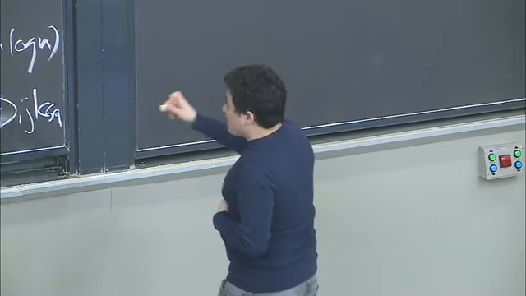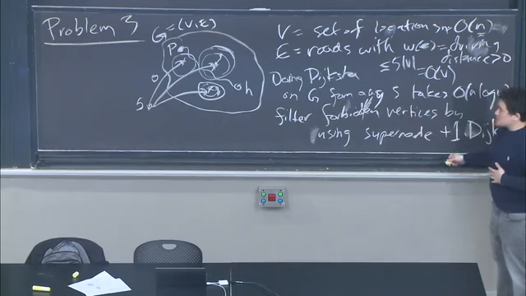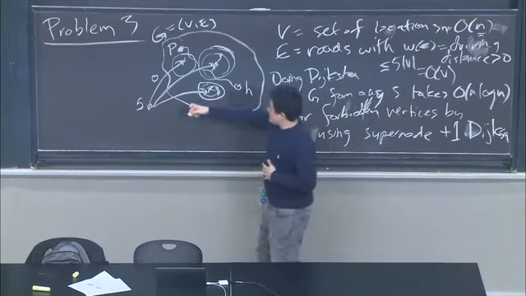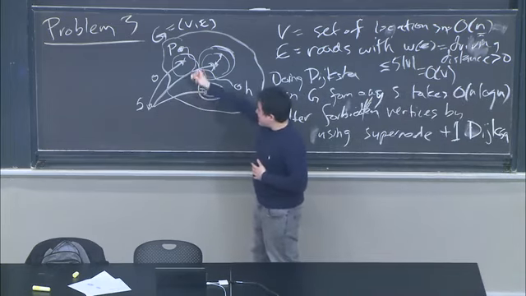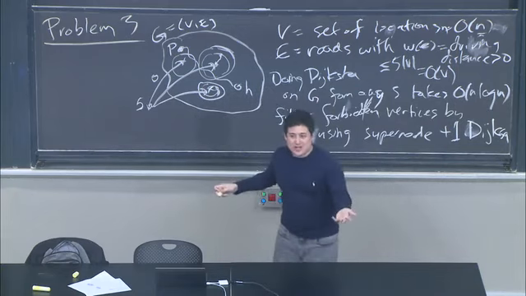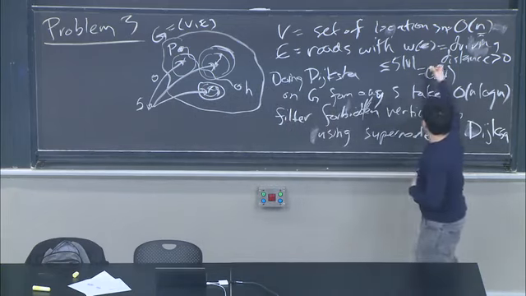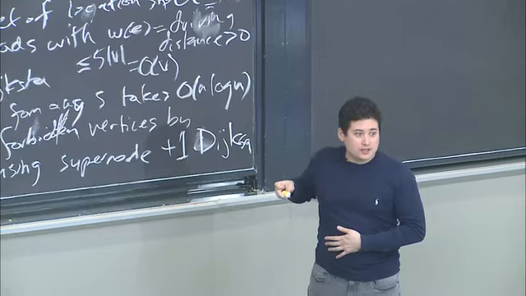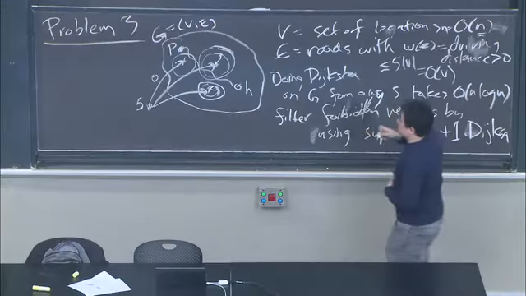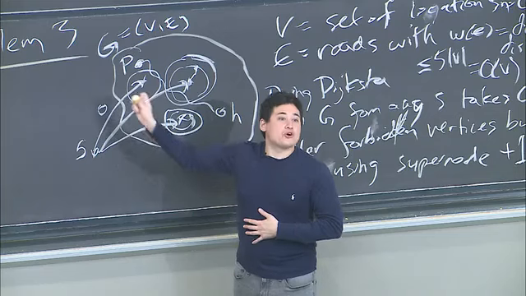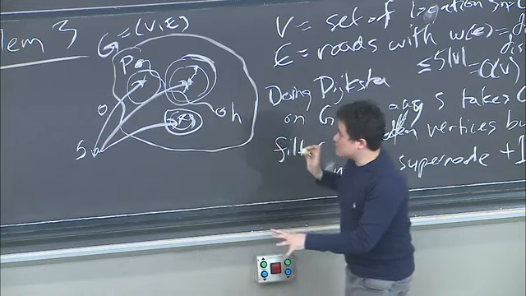Now, to give you full points, I would want all the details here: that I construct a new graph, I add this vertex here, I have to add edges to each of the D things, but I've only added D more edges and 1 more vertex, so it still has linear size in my input. And then I want to say that I'm putting the weights on here based on what the distance is. Now they're all the same weight because I don't have that generalization.